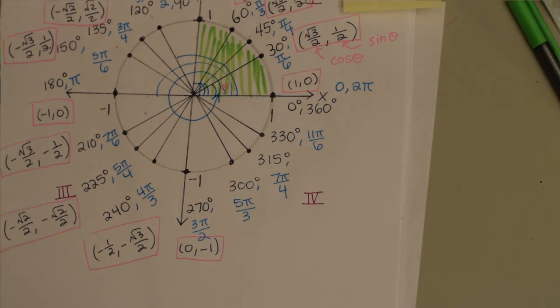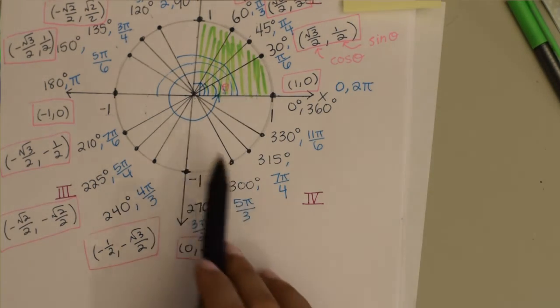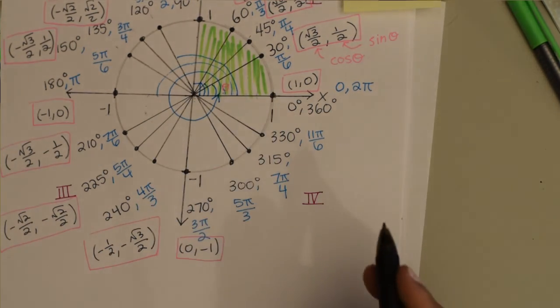So now to find the coordinates again, in this quadrant you have positive x, negative y.